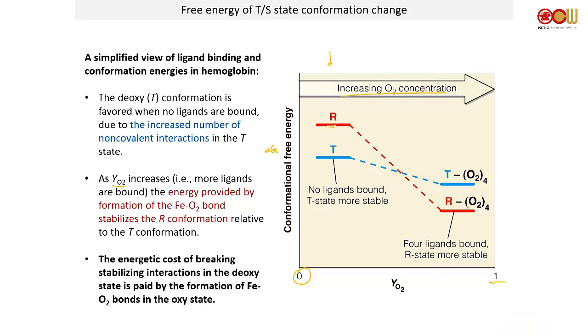So R is stable. What do you want to know? The relative change. The delta Gs are quite different because of the heme business. The energetic cost of breaking stabilizing interactions in the deoxy state is paid by the formation of the iron-oxygen bonds in the oxy state.